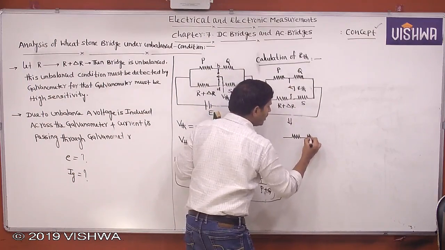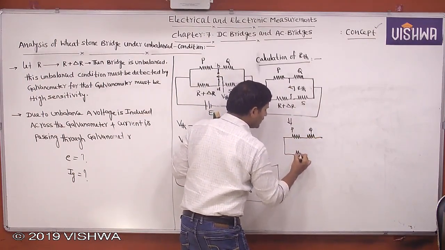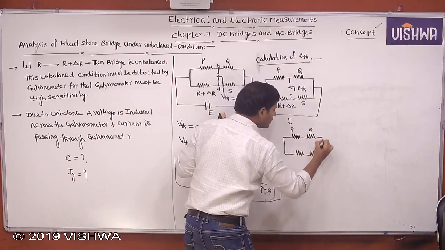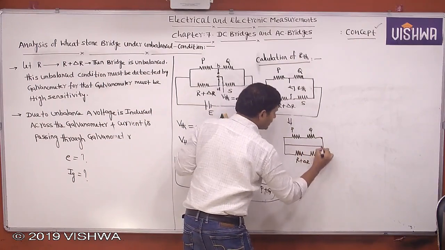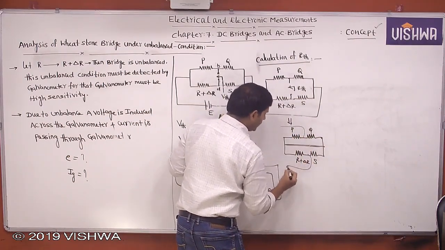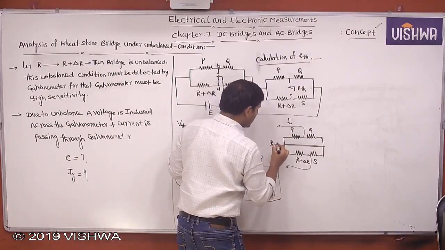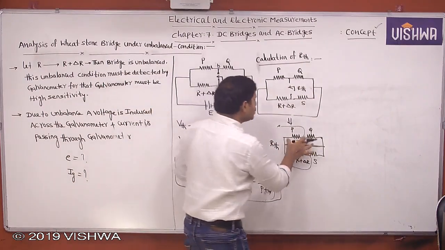This is P and Q, and this is R plus delta R, and this is S. Then this is short circuited, and these terminals are brought outside. Here we are calculating RTH. Once we are calculating RTH, these two are in parallel.